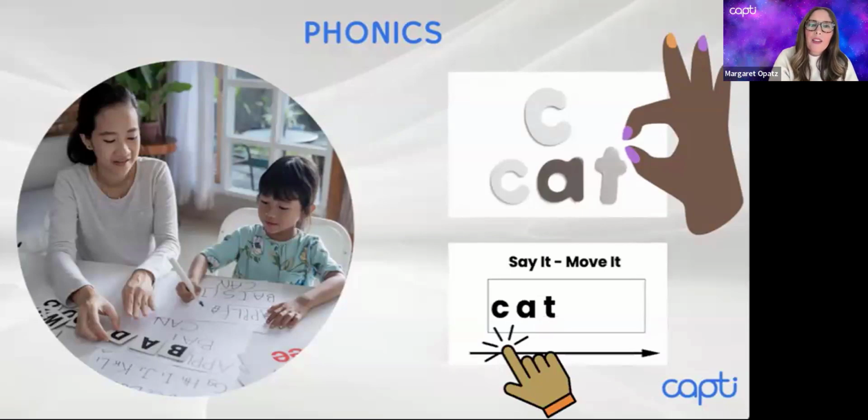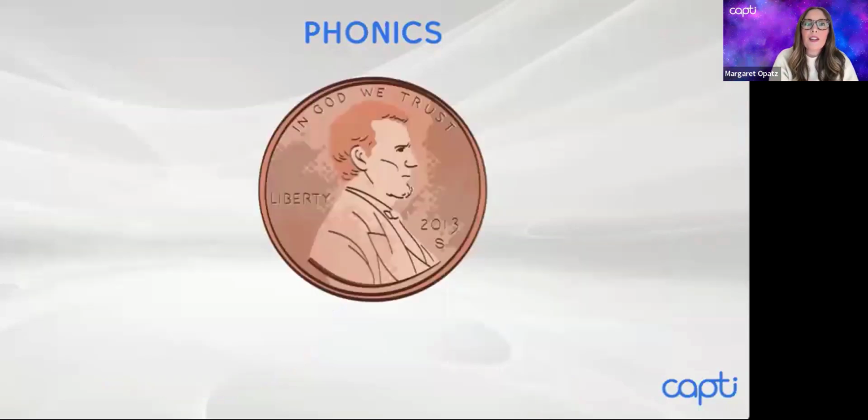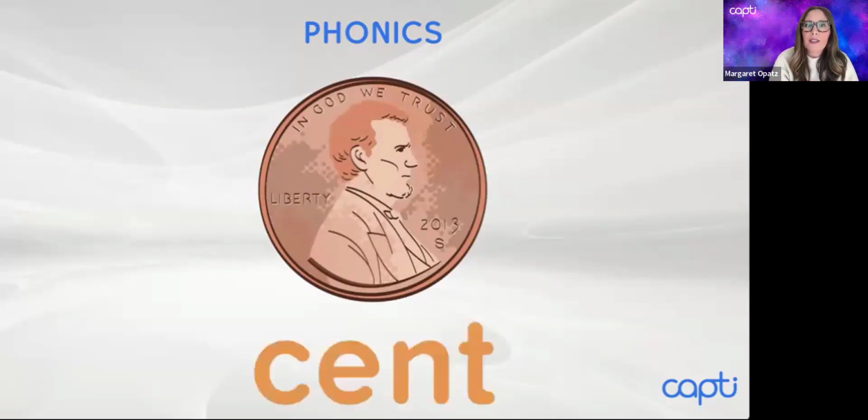And that was great going through the letter correspondence. So A says ah, C says k. But then we got to the word scent, and this all kind of fell apart. All of a sudden, the phonics rules that I had taught didn't work. C didn't say k.